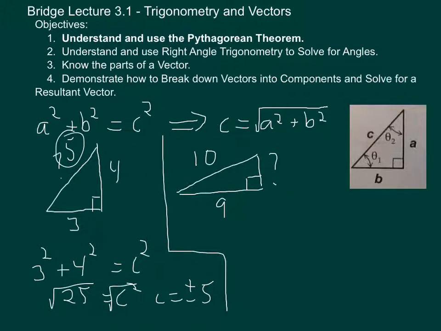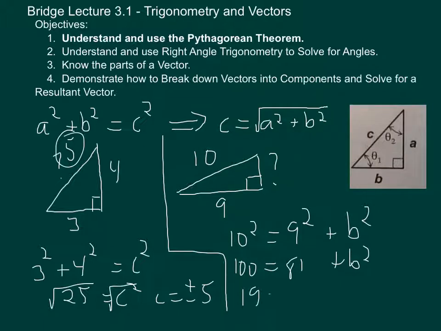Okay, let's try another one. So here we have the hypotenuse now is 10, and the longer side is 9. So how do we find the short side? Well, c squared equals a squared plus b squared. So 10 squared equals 9 squared plus b squared. 100 equals 81 plus b squared. B squared equals 19, because 100 minus 81 is 19.